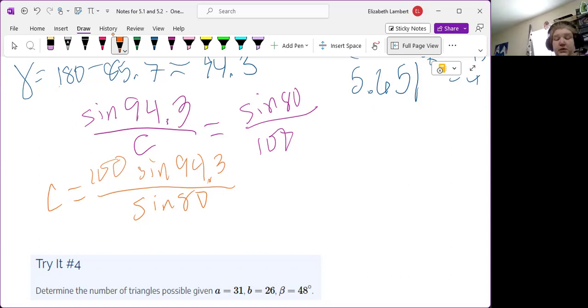One hundred times sine of 94.3 divided by sine of 80 degrees. All right, so C measures 101.3 once we round it.